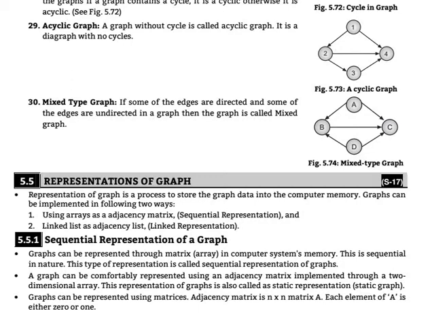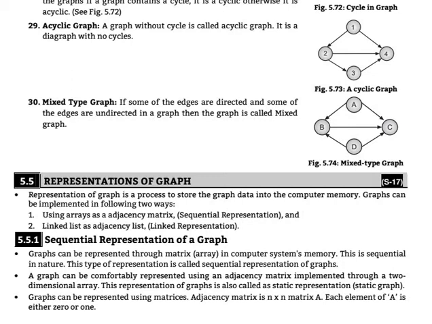Clear? What does representation of a graph mean? It means how to store the graph data in computer memory in two ways: using an array or using a linked list. An array stores the adjacency matrix, and a linked list stores the adjacency list. Okay.